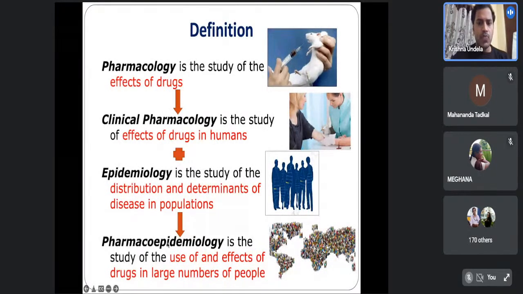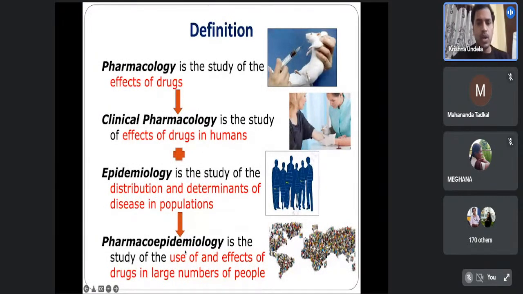Now phase 4 comes under pharmacoepidemiology. That means pharmacoepidemiology comes into the role after the drug is released into the market, after conducting all these randomized control trials. Once the drug is released, we take up the people who are receiving that medication and follow them over a period of time, usually a longer period, taking a large number of people to understand the effects of the medication, the new effects, the ones we did not identify during the clinical trials.